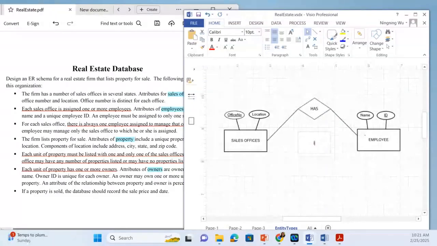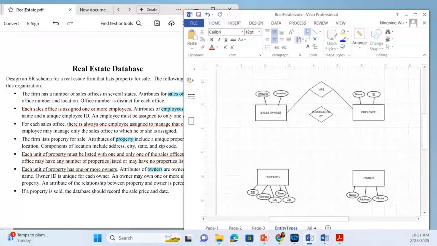For example, I use "managed by." Okay, so that's another relationship between the sales office and an employee.